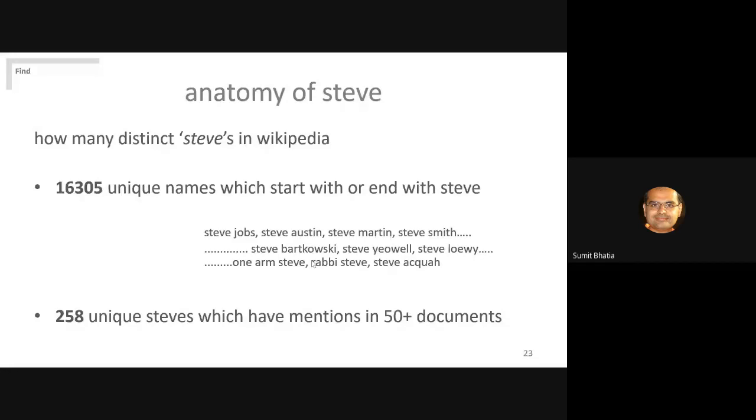Now if someone says, let's say, I want to know more about Steve, how do you know which Steve this person is interested in? You may say that a person can specify that they want to know this exact Steve Jobs or Steve Austin. But what happens is that, especially for security agencies, they never get the exact complete name, right?